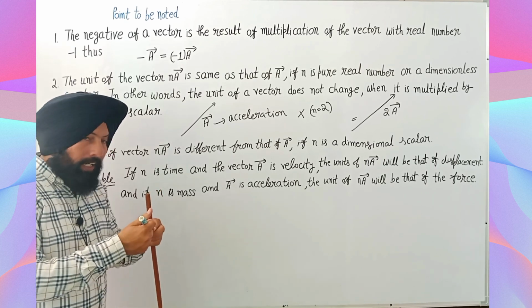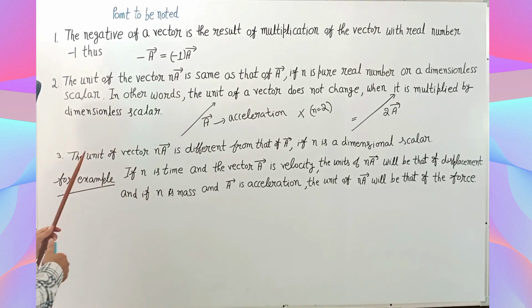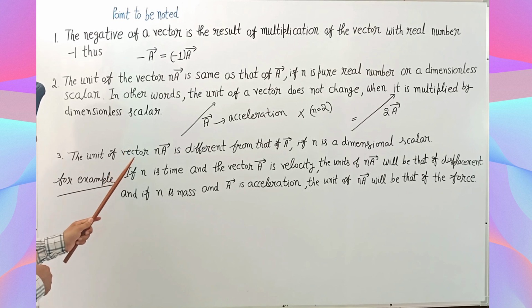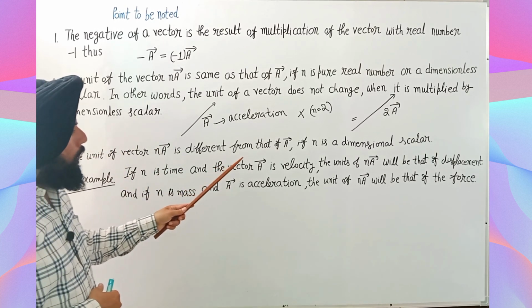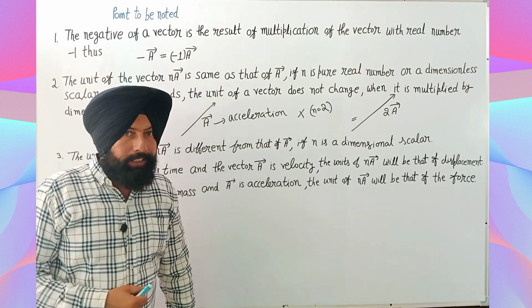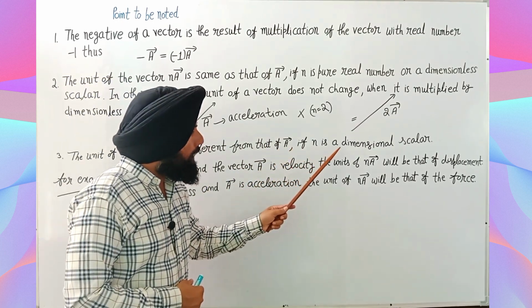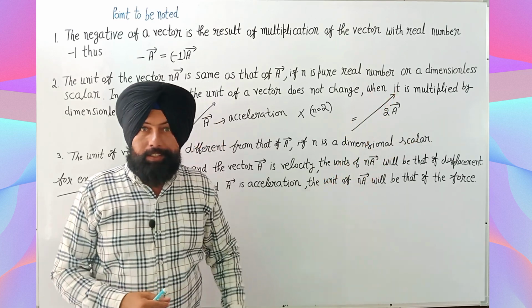In the third step, the unit of the n a vector is different from that of the a vector if n is a dimensional scalar.